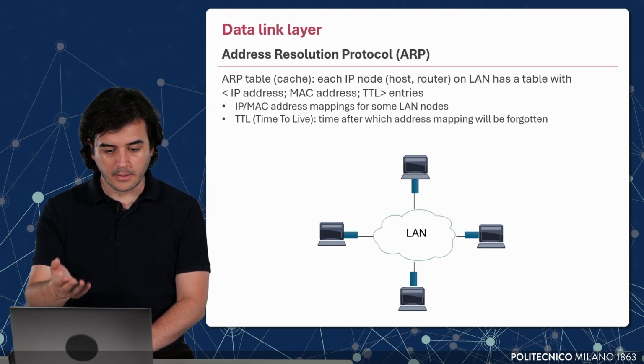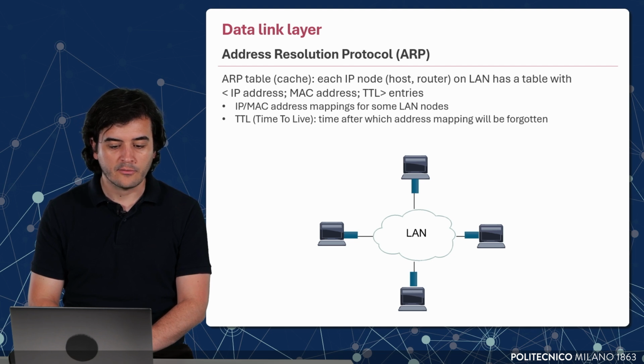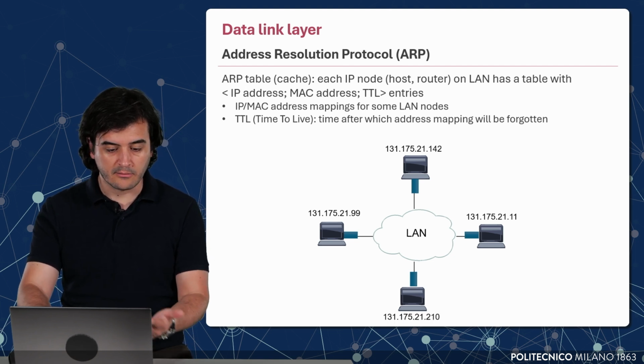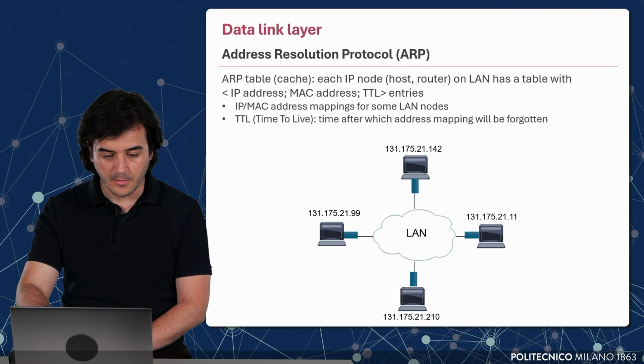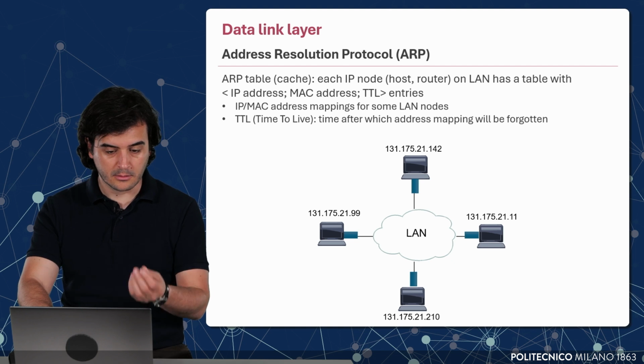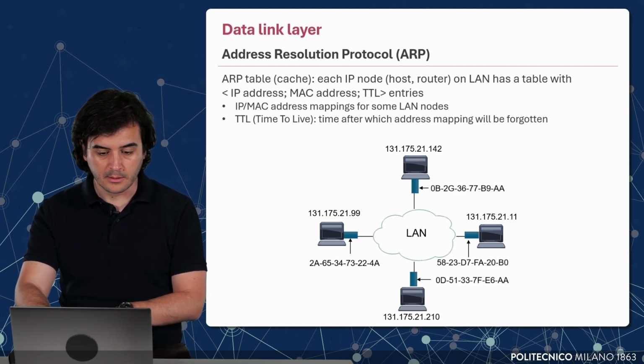The equipment, in this case the computers, have their corresponding ARP table in which they have information about the IP address, the MAC address, and the time to live. So each equipment will have a corresponding IP address, and the actual apparatus will have its corresponding MAC address.